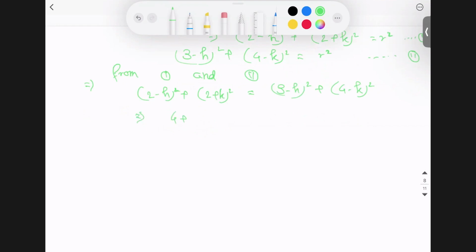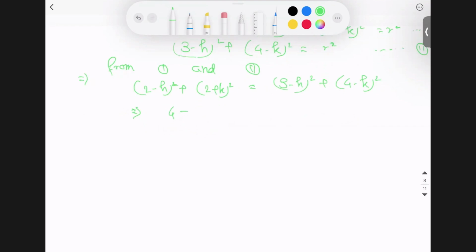Then 4 minus 4h plus h square plus 4 plus 4k plus k square equals 9 minus 6h plus h square plus 16 minus 8k plus k square.